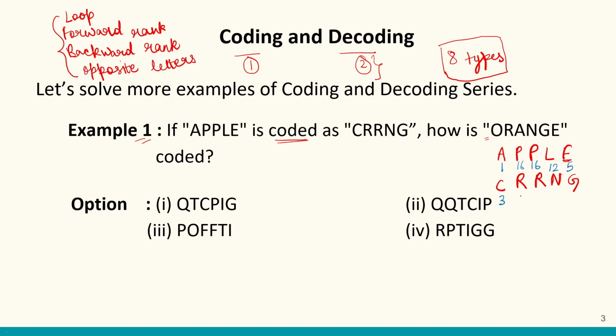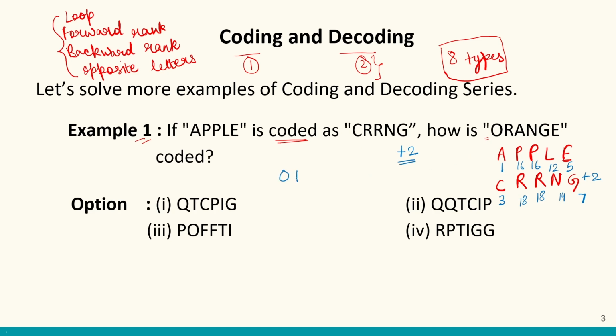Similarly, C is ranked at 3, R is ranked at 18, N is ranked at 14, and G is ranked at 7. So when I assign them ranks, I can clearly see there's an addition of 2 positions. So we are going 1 plus 2 positions to 3, 16 to 18, again addition of 2 positions. Similarly for 12 and 5. Therefore, that means the pattern is that we are adding 2 positions to these letters.